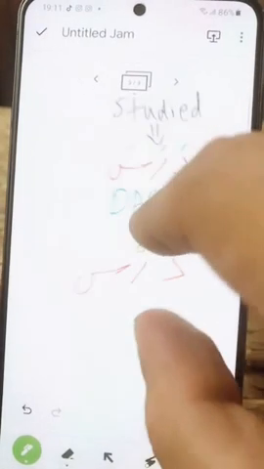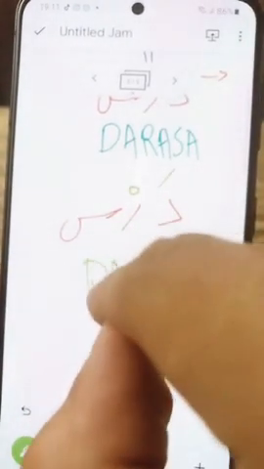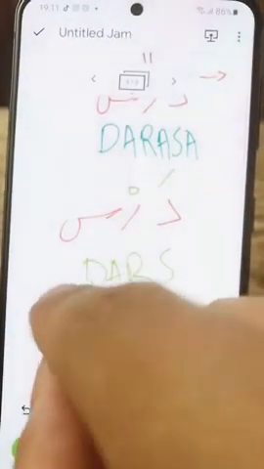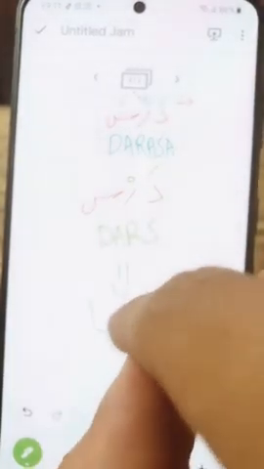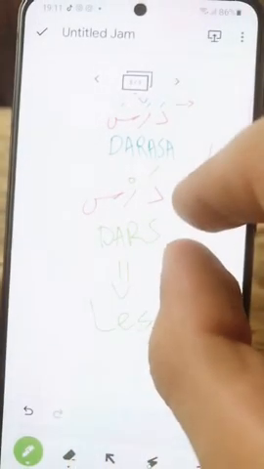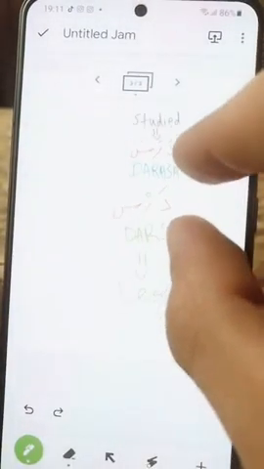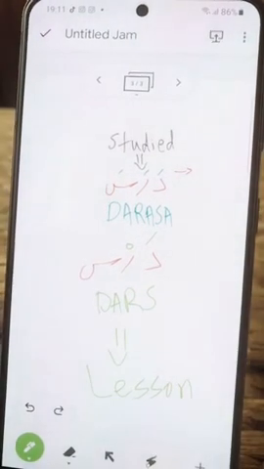By the way, so let's look at words like this one. So let's go to this is the root.